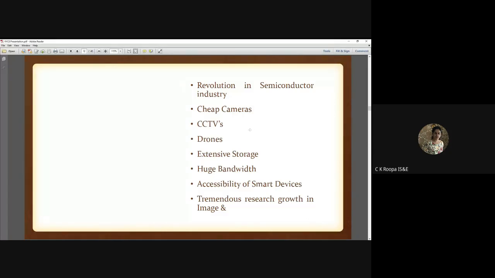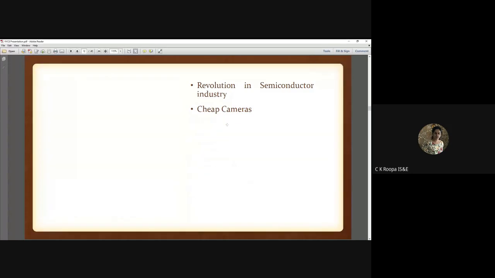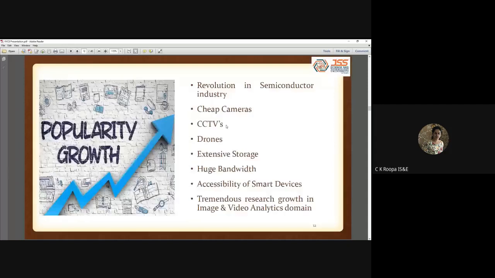So CCTVs, right? So everybody, all government offices, government sectors, public sectors, are insisting on going with CCTVs, which are very cheap because of the revolution in the semiconductor industry.